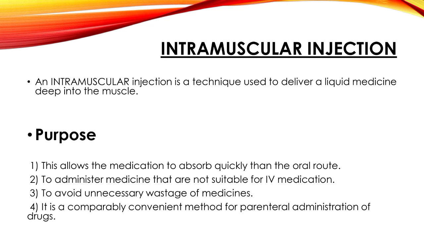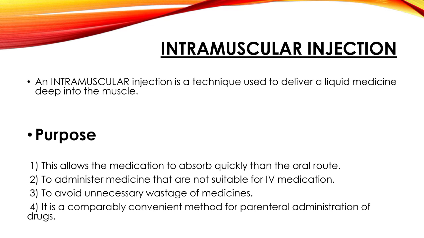The purposes of this injection are: it allows the medication to be absorbed more quickly than the oral route of administration. Then, intramuscular injection is given to administer medicines that are not suitable for intravenous administration.